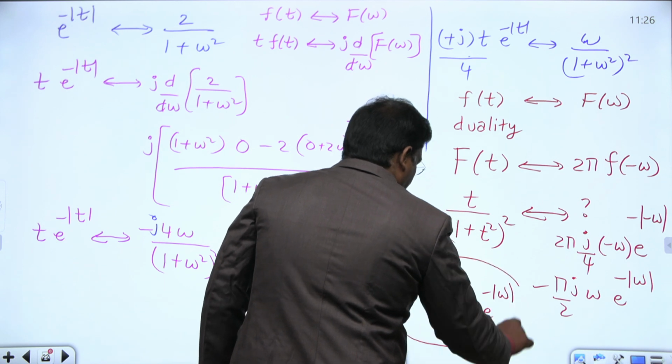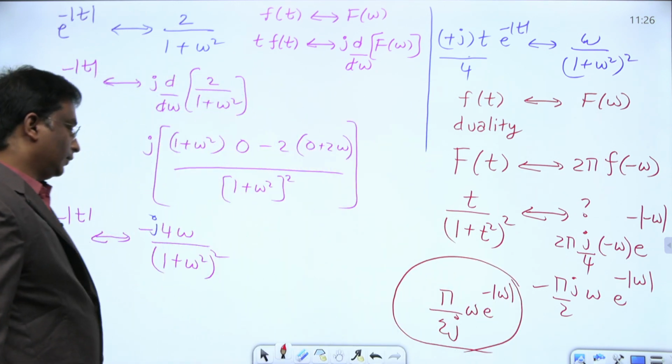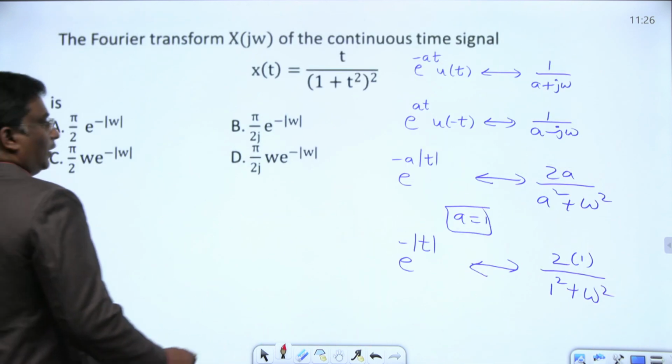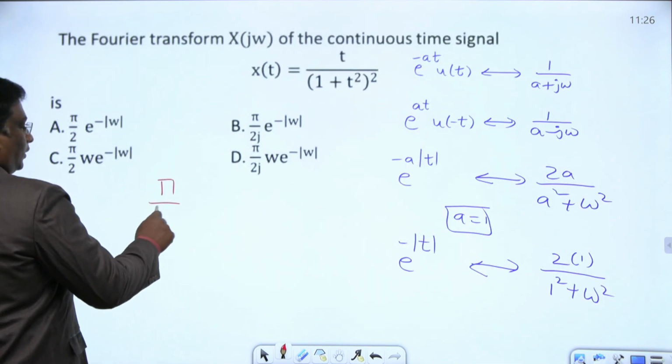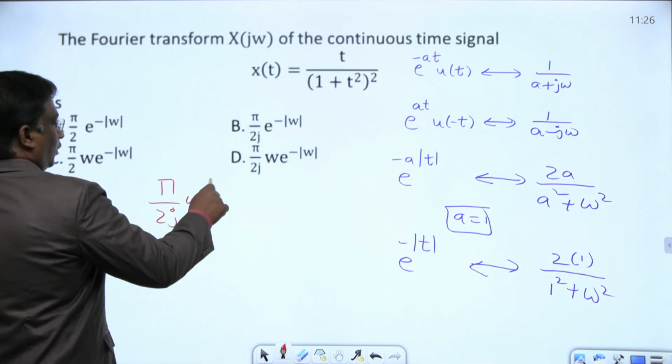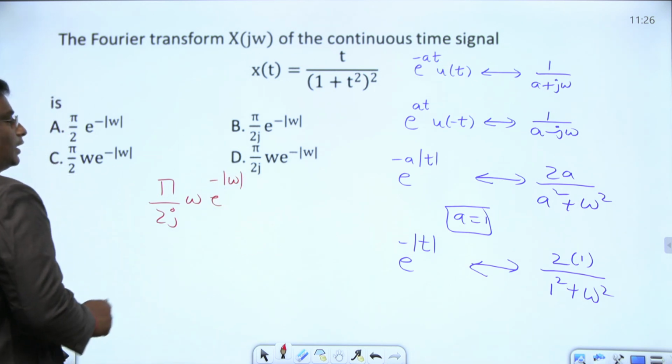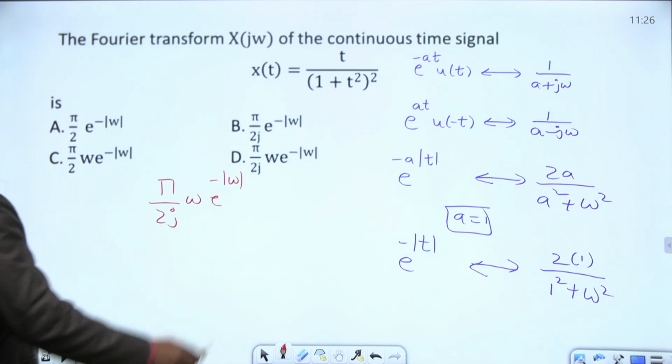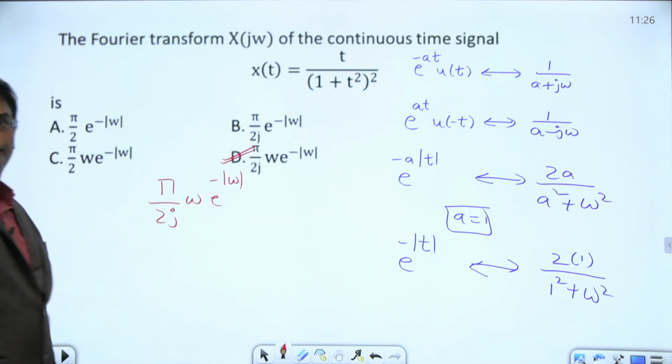You choose the correct answer option. You got the answer pi by 2j into omega e power minus mod omega. Which is the correct answer here? Pi by 2j, the D option is the correct answer.